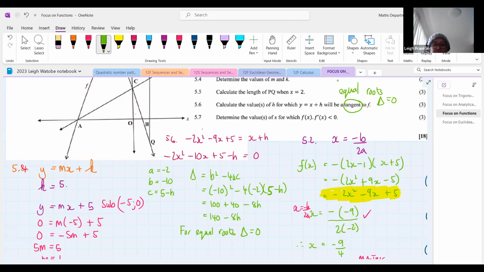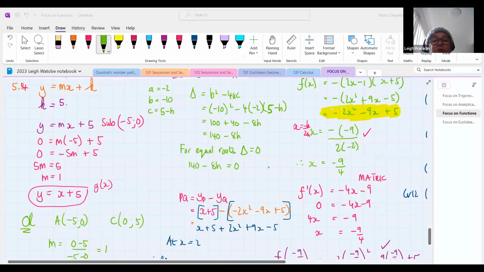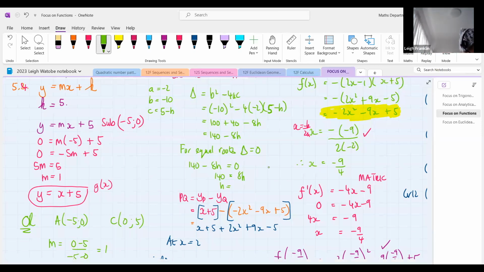So now we would take our 140 minus 8h and make it equal to 0. Lebogang, that's fine, that's not a problem. I know it's something that a lot of students struggle with. And 8h is over here, the 140 is over there. So h would be equal to 140 divided by 8, which would leave us with 35 over 2.